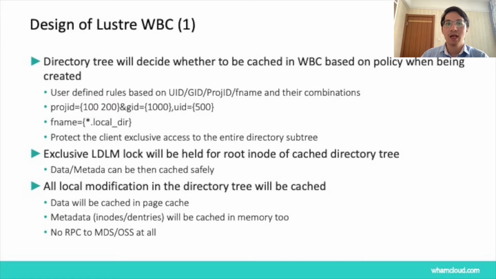And when it is decided that a directory tree will be cached on the client, an exclusive LDLM lock will be acquired for the root directory. After holding the lock, all the metadata and data can be cached on this client safely. No RPC is needed for any operation of the whole directory tree, including metadata and data modification and access.